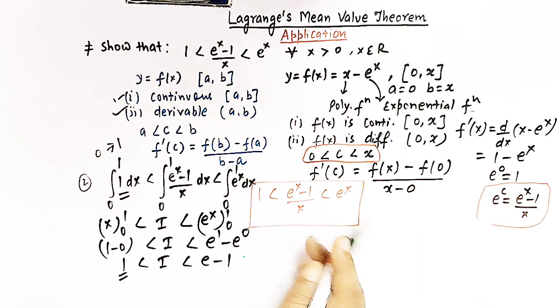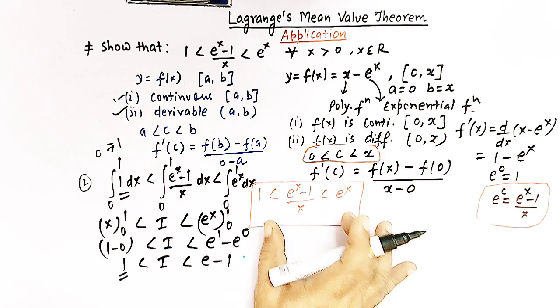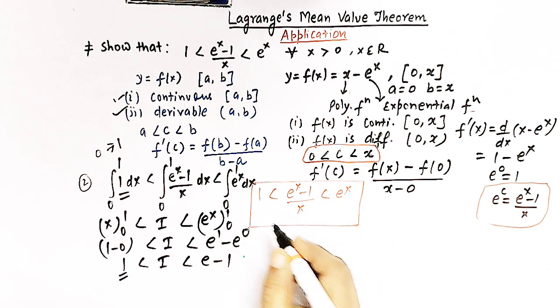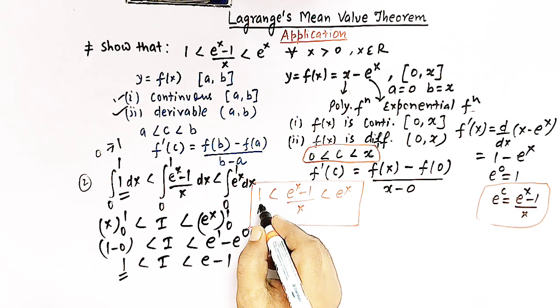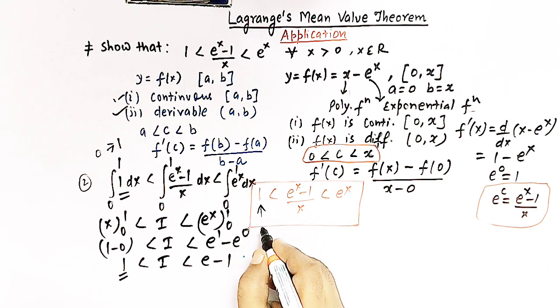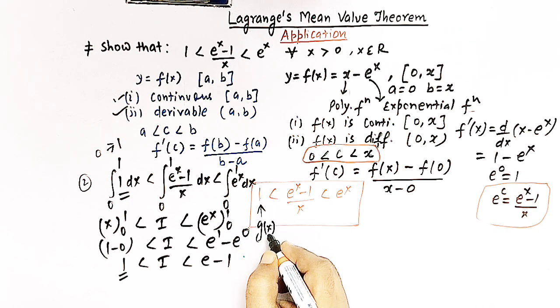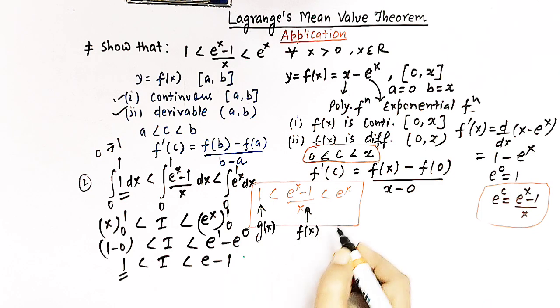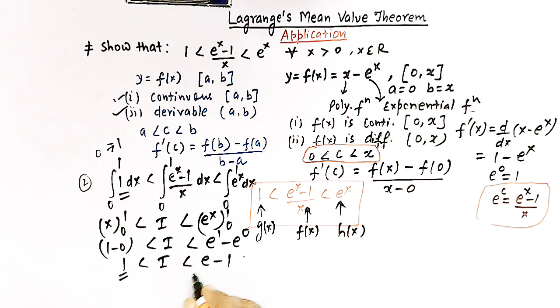So here we have used another important result from definite integrals, right? Now see, we have assumed g of x as 1, this function as f of x, and this function as h of x, right?